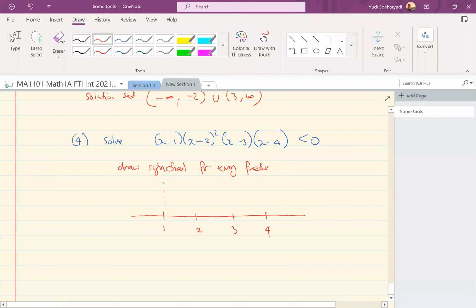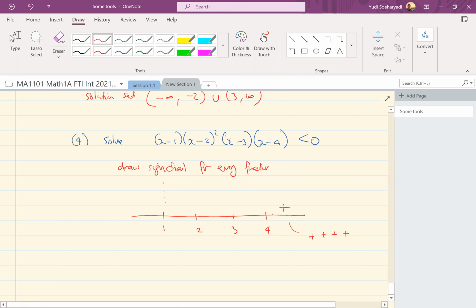Okay, so how to determine the sign? Just for example, you can plug in 5, or any number to the right of 4. This is positive. Here this is positive. Here, because you have a positive and then you square, this is positive also. All positive signs become positive. Okay.